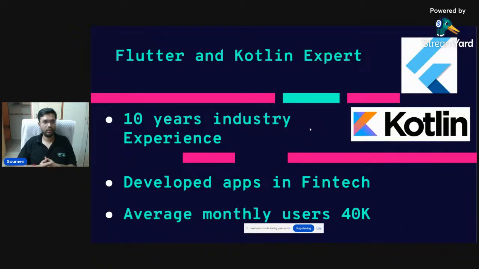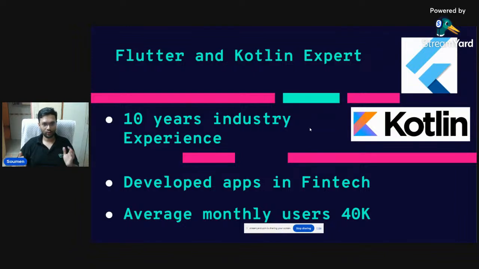So here's my expertise. I've got 10 years of industry experience in mobile app development, and most of my apps are in fintech, basically finance. I have apps which have crossed 40,000 downloads and have a monthly usage of close to 25,000.